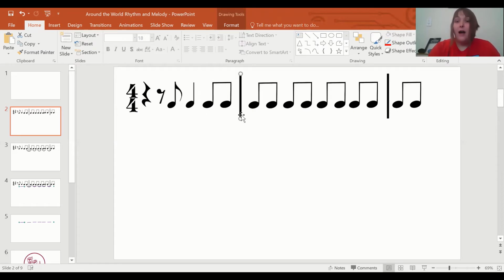Here we have a bar line which separates 4 beats in every measure. Then we just have a whole measure of nothing but eighth notes. So that's just going to sound ta-di, ta-di, ta-di, ta-di. And then we have another bar line followed by one more eighth note. This is not a complete measure, but it will be the end of our pattern for today.